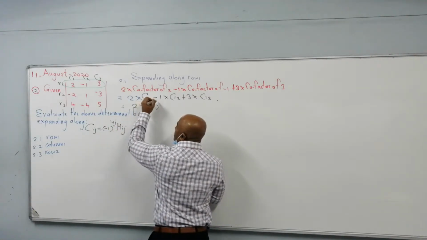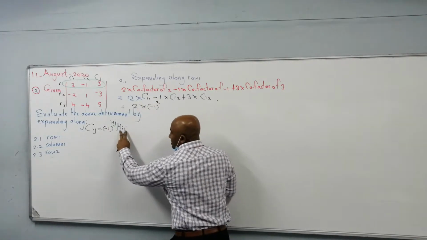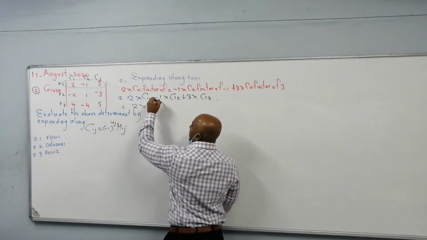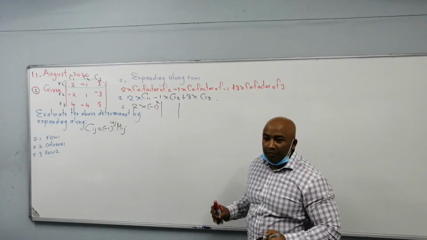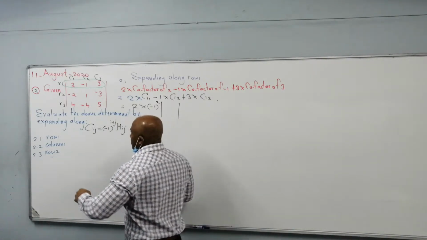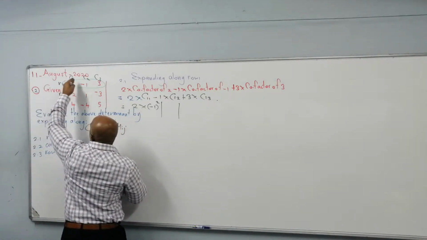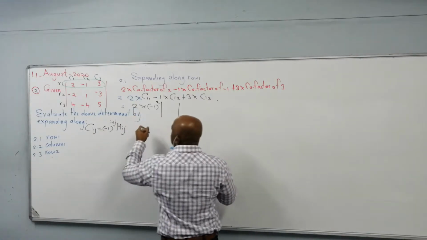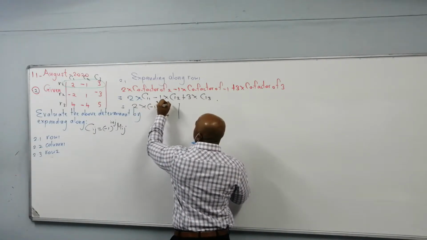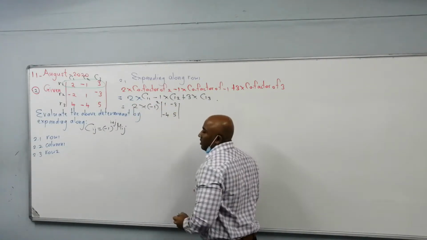So that's 1 plus 1, which is 2, times Mij, that means M11. So what does M11 mean? It means block row 1, block column 1. So you block row 1, block column 1, so we are left with 1, minus 4, minus 3, and 5.